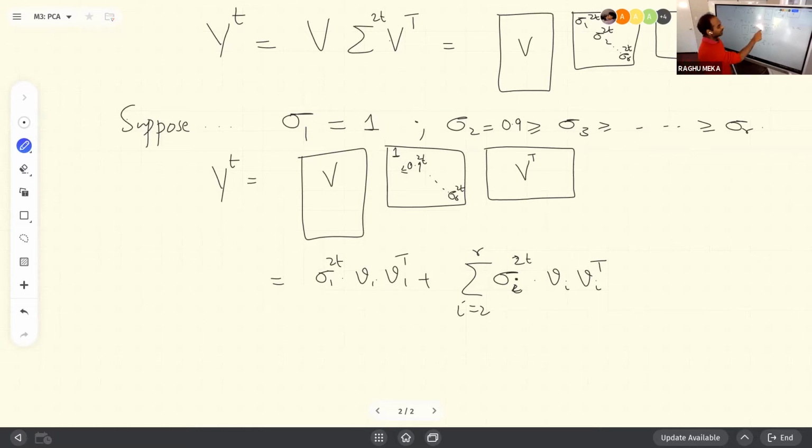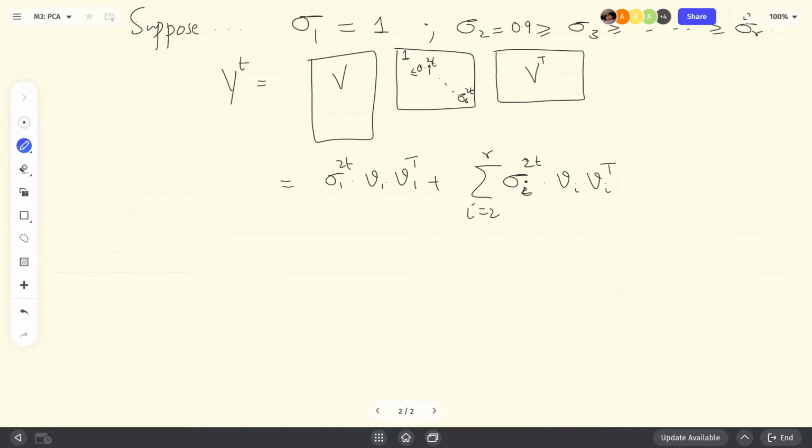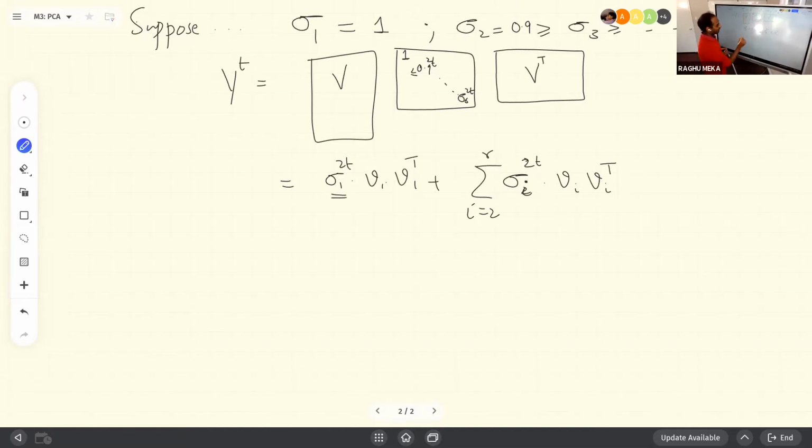So if this is 0.9, then 0.9 raised to the 100 is a very, very small number, right? So as t increases, what is this whole matrix going towards? Sigma 1 to the 2t v1 transpose. And sigma 1 to the 2t we said is 1, right? So it's basically like v1 transpose plus some things which are decaying at an exponential rate.